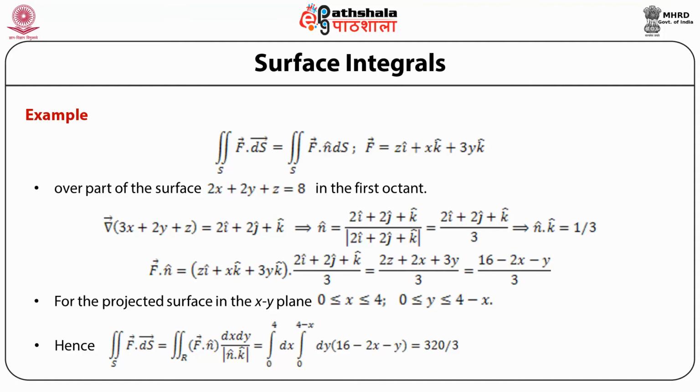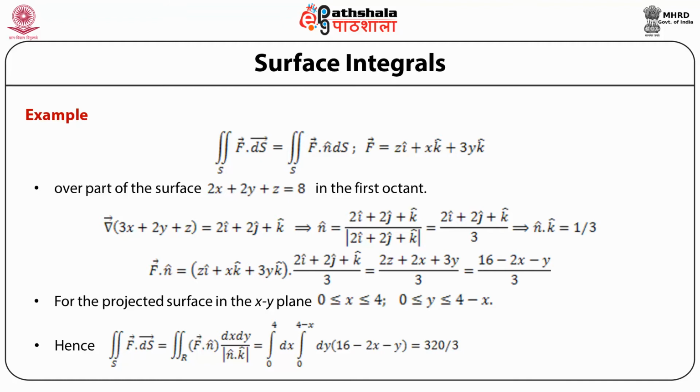So F dot n cap is equal to z i cap plus x j cap plus 3y k cap into 2i cap plus 2j cap plus k cap divided by 3, equal to 2z plus 2x plus 3y divided by 3, equal to 16 minus 2x minus y divided by 3. For the projected surface in the xy plane, 0 less than or equal to x less than or equal to 4 and 0 less than or equal to y less than or equal to 4 minus x.